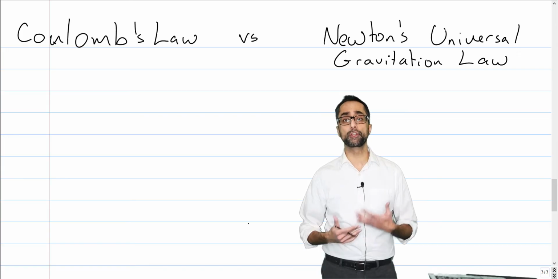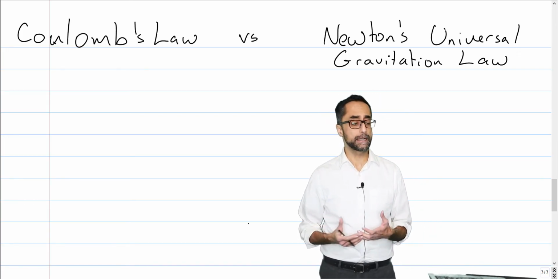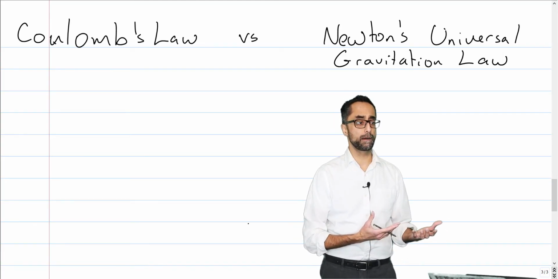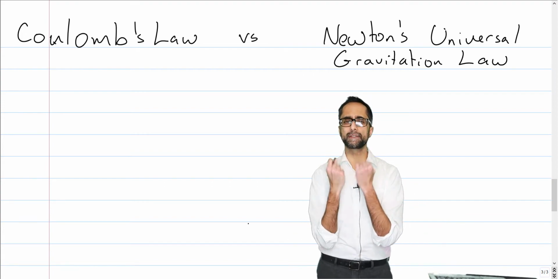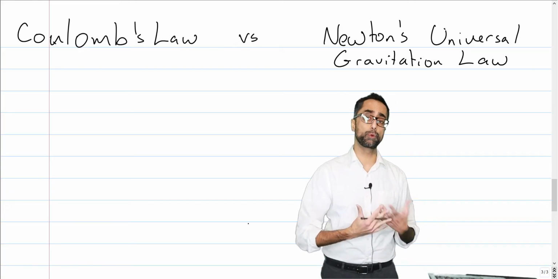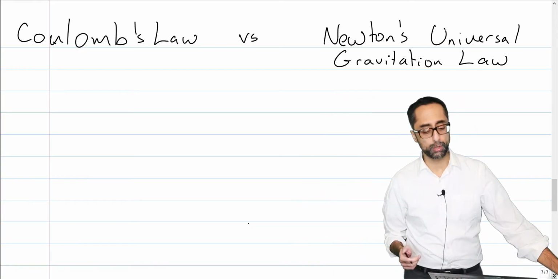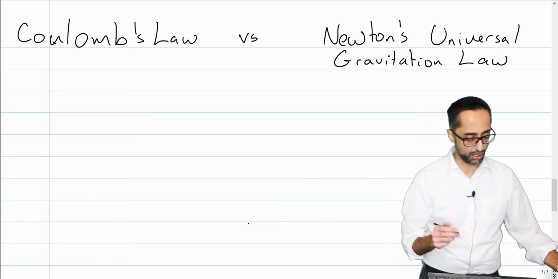Instead, we're going to talk about the universal gravitational equation that we got from Newton. Most people will have done this in a previous physics course, but if not, it's pretty easy to understand, and our instinctive knowledge of gravity will be very interesting to compare. So let's see what we can learn about Coulomb's law by comparing it to Newton's universal gravitation law.